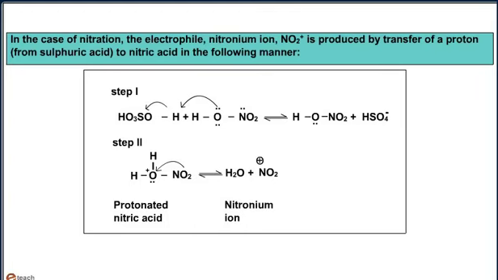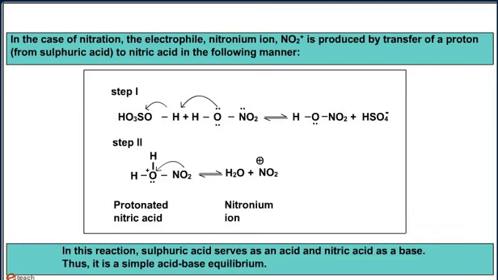Step 2 involves H2NO3+ reversible H2O plus NO2+, where NO2+ is nitronium ion and is the electrophile. In this reaction, sulfuric acid serves as an acid and nitric acid as a base. Thus, it is a simple acid-base equilibrium.